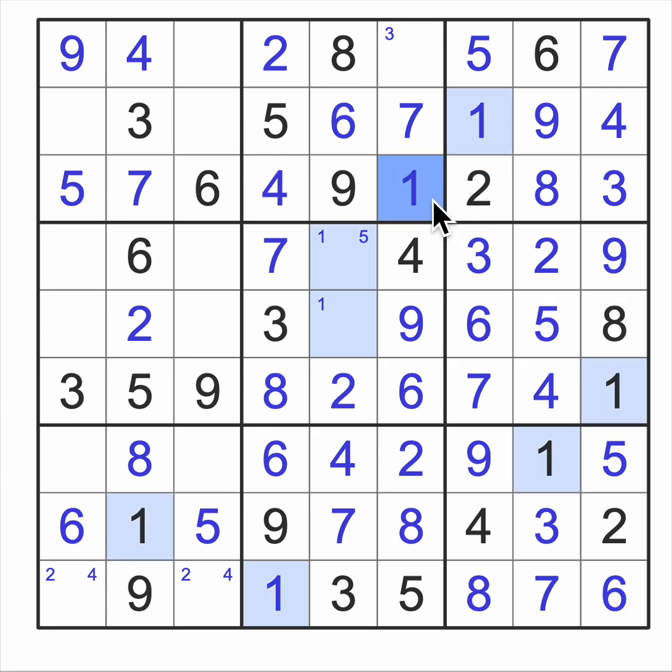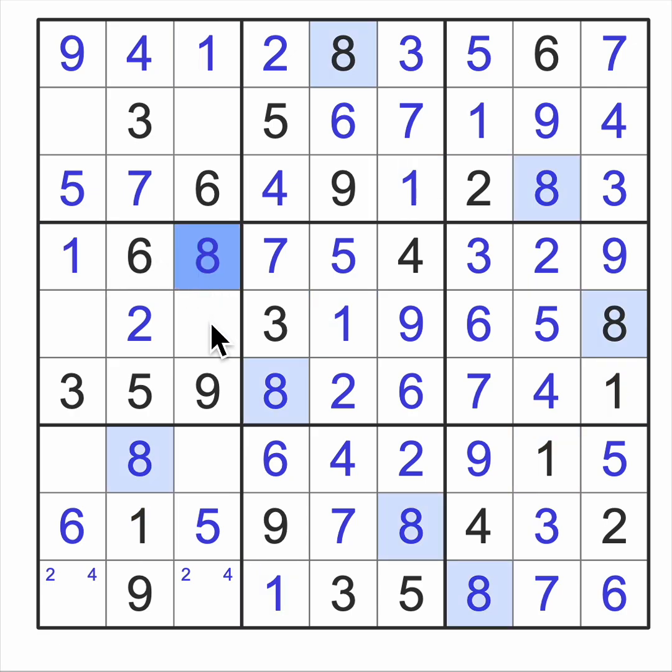And now this is 1, this is 3, this is 1, this is 5. The last number of this row is 1, which blocks these. This 1 blocks here, 1 comes here.